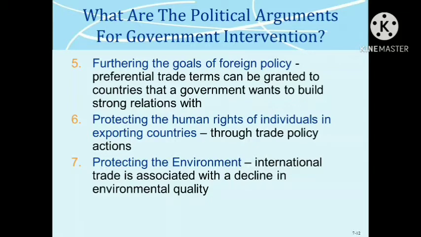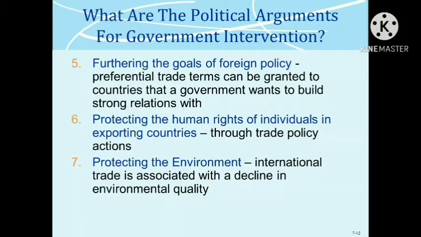Another is protecting and promoting human rights in other countries, which is an important element of foreign policy for many democracies. Governments sometimes use trade policy to try to improve the human rights policies of trading partners.